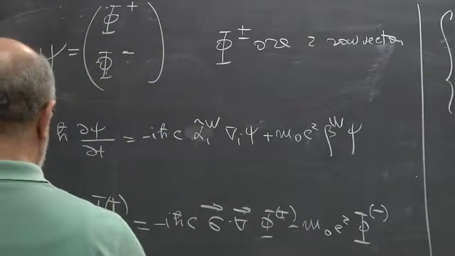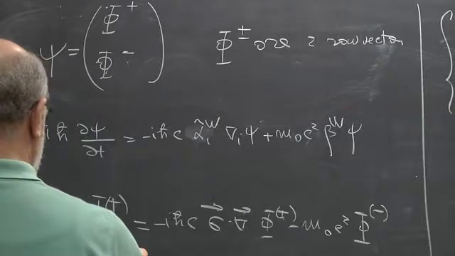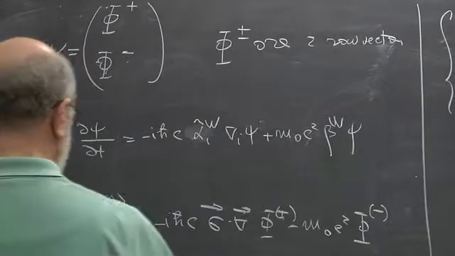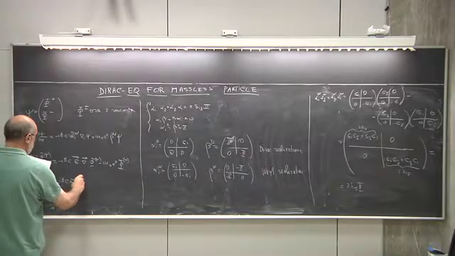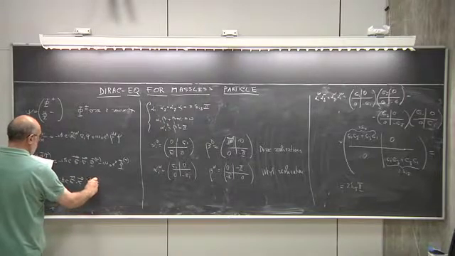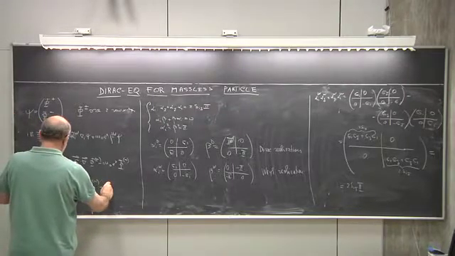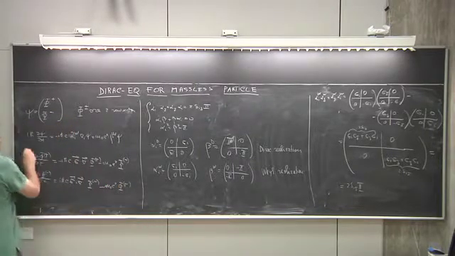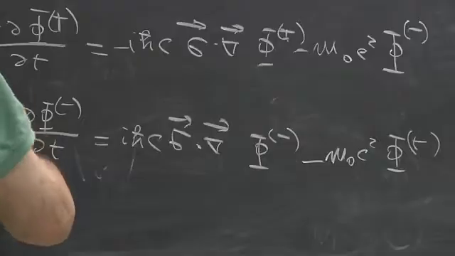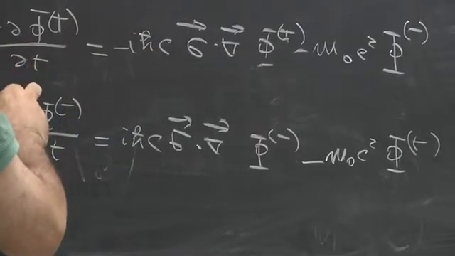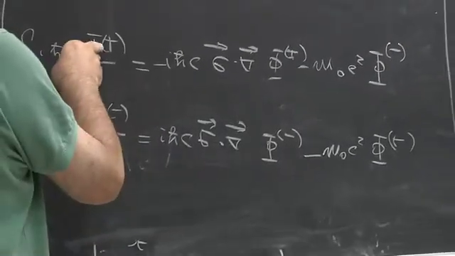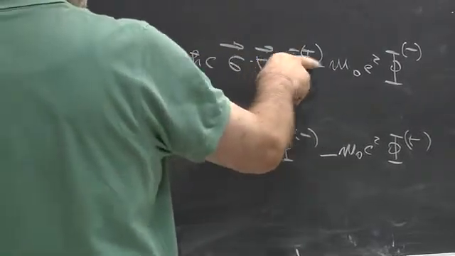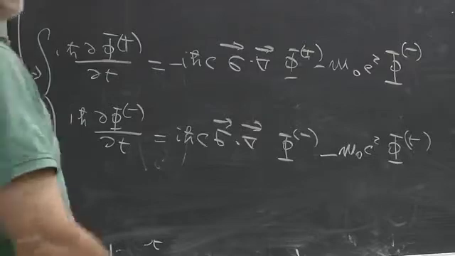And the other equation is iħ... You see, so the four-dimensional Dirac equation becomes this, each of them a two-dimensional Dirac equation, because φ+ and φ- are coupled: φ+ depends not only on φ+ but also on φ-. What couples them is the mass.